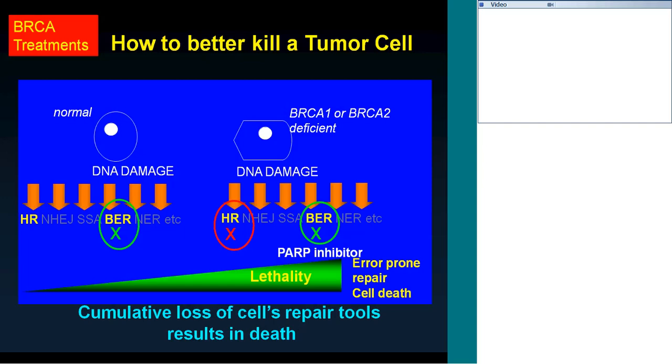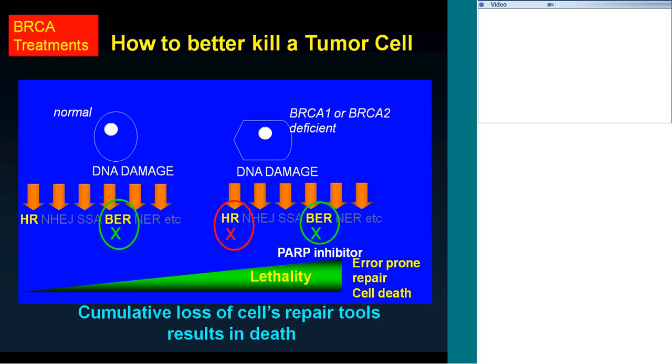What we've understood now over time is that an individual who has an ovarian cancer with a BRCA mutation has certain kinds of DNA damage that occur over the course of every single day that their cell is not very good at fixing, because it doesn't have that police gene, the BRCA gene, to help keep the cell in line and repair the inevitable errors or damages or insults that occur to the DNA.